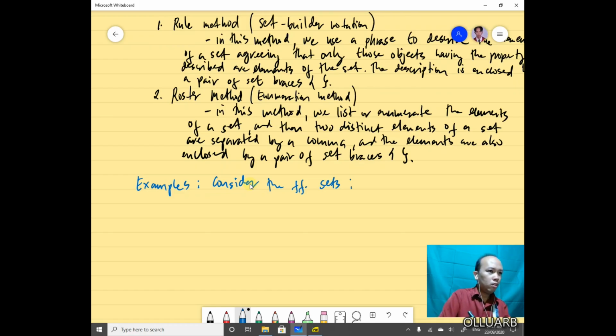Say for example, we will denote our set, as I've told you before, using capital letters as the notation for a set, and then the elements of the set are small case letters.